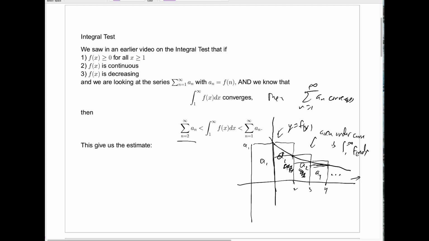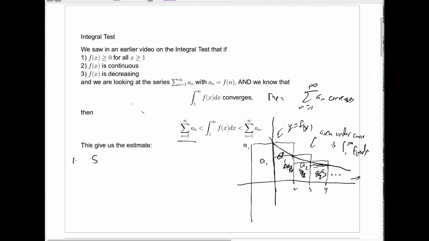We'll do the box like this, a sub 3, etc. So that if we include that first term, a sub 1, and look at these different rectangles, the sum of the areas of the rectangles is precisely the sum from n equals 1 to infinity of a sub n, and that clearly will be greater than the area underneath the curve, which is the integral from 1 to infinity of f of x dx. This is what the integral test is all about. If we know this integral converges, then so does the sum, and we get this estimate for the size of the sum.